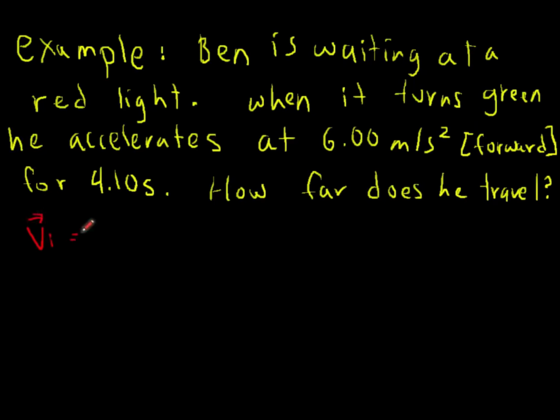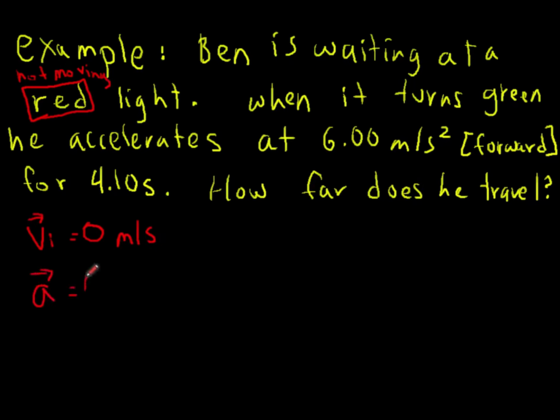We start by making our list. Vi equals 0 meters per second. This is because he is not moving when he is stopped for the red light. The acceleration is 6 meters per second squared forward. Time is 4.10 seconds, and we're looking for displacement.